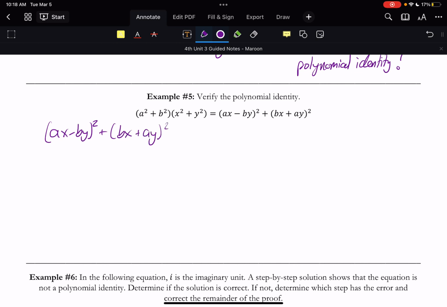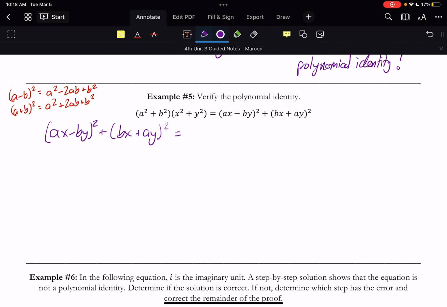So remember that this is just the perfect square trinomials. So I'm going to be applying, just remember that a minus b squared equals a squared minus 2ab plus b squared. Okay, and then I have that a plus b squared equals a squared plus 2ab plus b squared.